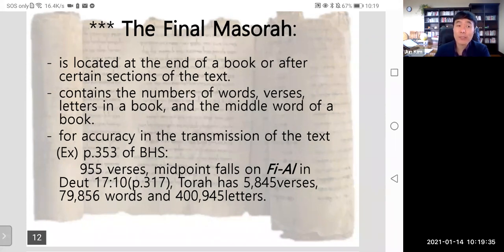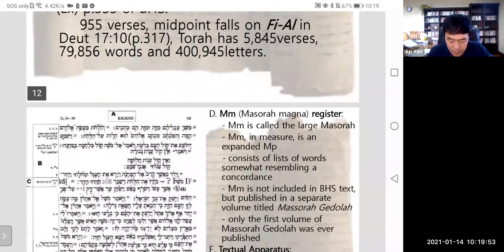But once again, when they counted, they didn't count their own suggestion, they simply counted the written words. That is the point. As long as you understand the function of the final Masora, let's move on.